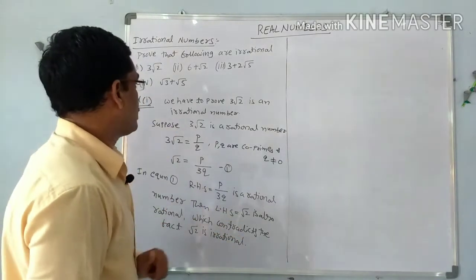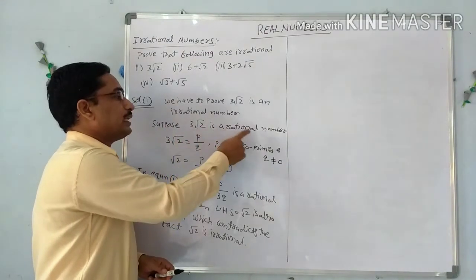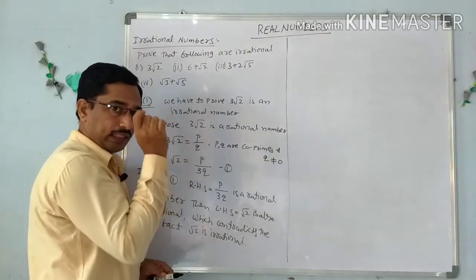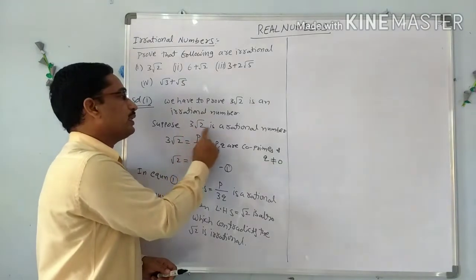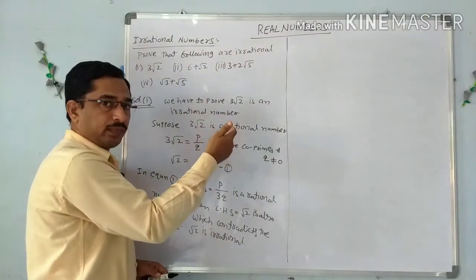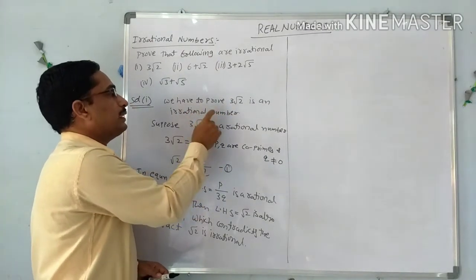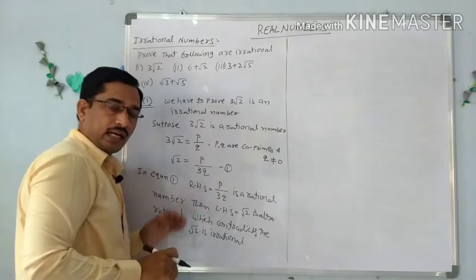It means our assumption is wrong. What is our assumption? We supposed that 3 root 2 is a rational number. Our assumption is wrong, because 3 root 2 is an irrational number. So what is the correct statement? Correct statement is 3 root 2 is an irrational number. Why did this contradiction arise?